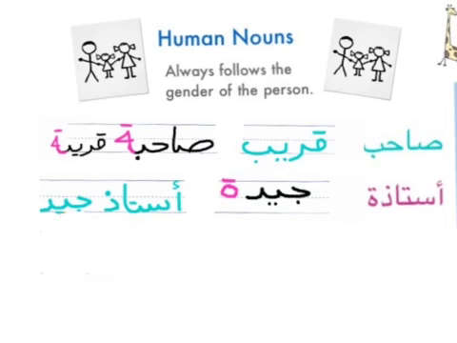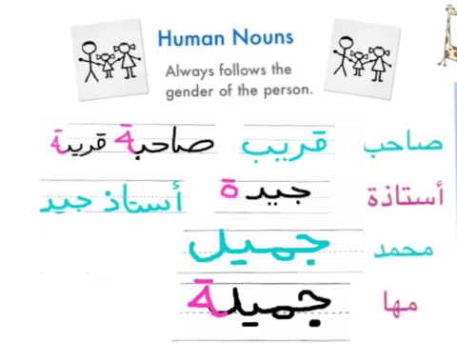Just like I add تا مربوطة to أستاذ to describe a female professor, I would add تا مربوطة to the adjective. And if I'm describing a male professor, I would just use the word أستاذ, مذكر, masculine, with an adjective that is masculine too.